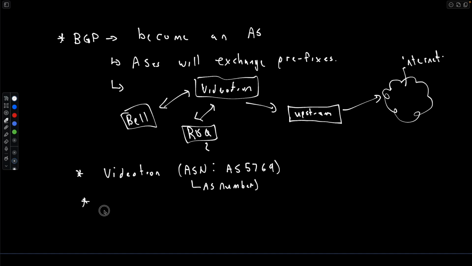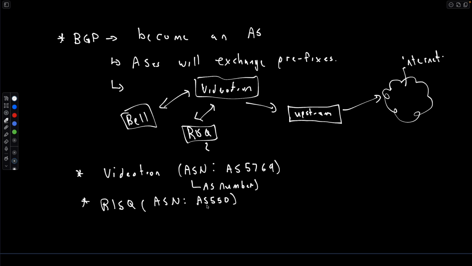And then RISC has ASN AS550, which is a very low number, and they're actually an old thing. Like when you look it up, I think they started in 1978 or something like that. So they've been around a long time.